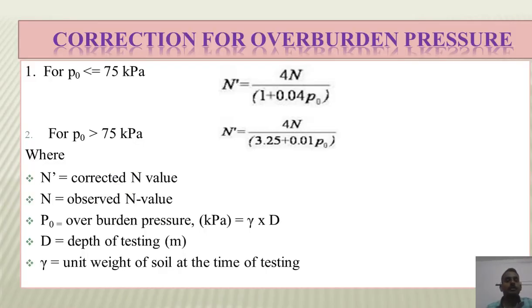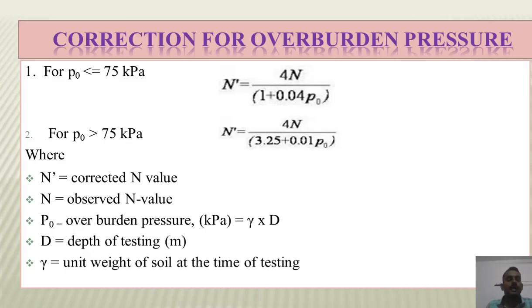So corrections for overburden are as follows. For overburden pressure less than 75 kPa, the following correction is adopted. N dash is equal to 4N divided by 1 plus 0.04 P naught. For overburden pressure greater than 75 kPa, N dash is equal to 4N divided by 3.25 plus 0.01 P naught, where N dash is the corrected N value, N is the observed N value, P naught is the overburden pressure.